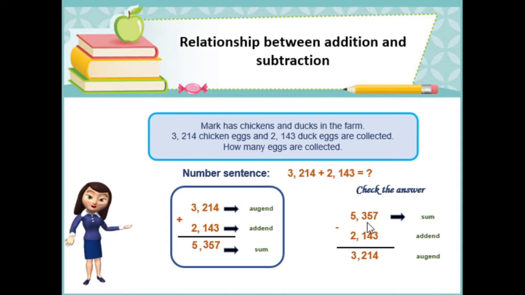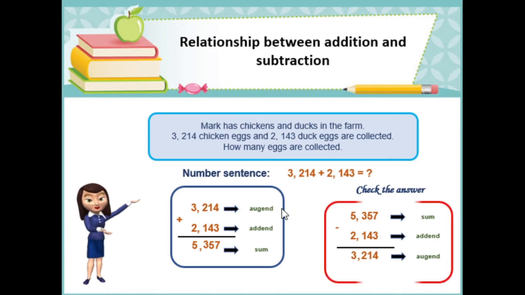Now look, 5,357 is the sum, which is correct. 2,143 is the addend, which is also correct. And 3,214 is our augend.